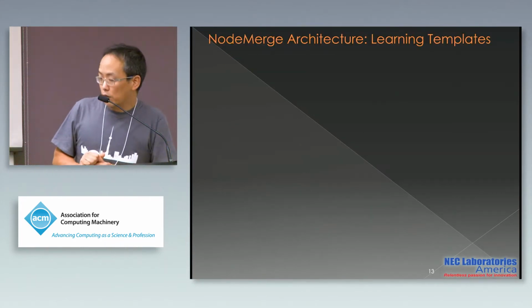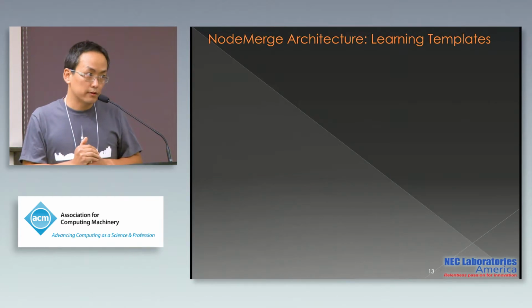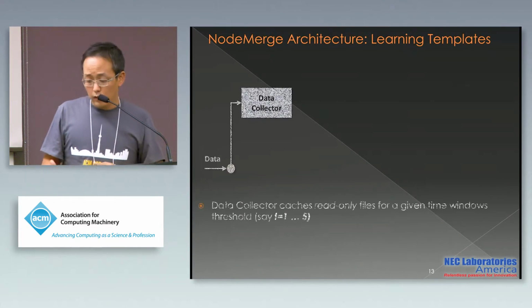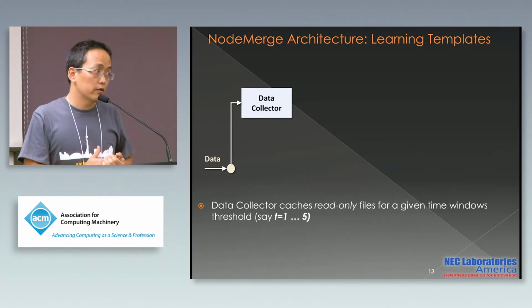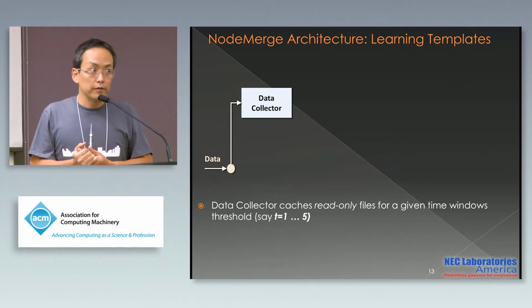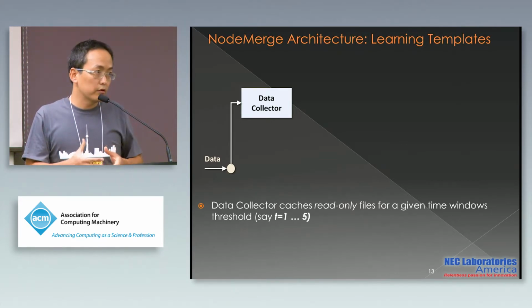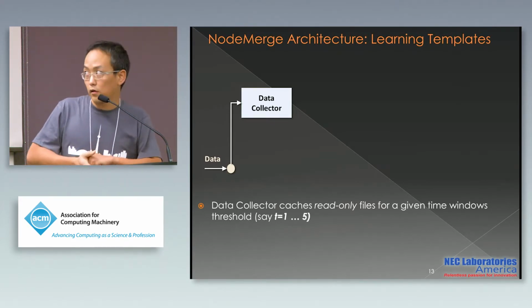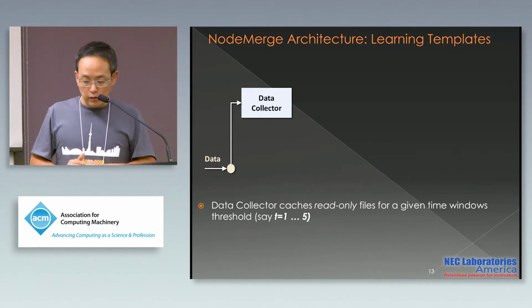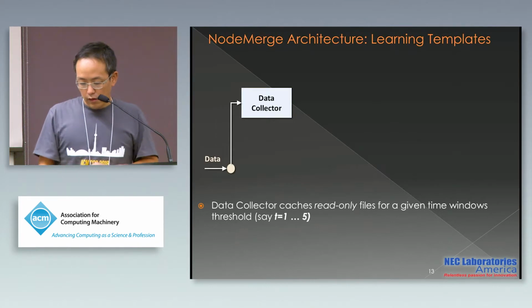Having that said, I want to introduce our system design and workflow, and how it works in action. First, we want to talk about how we generate the templates. It is really important to have a sound and efficient template to be applied to the real world. First of all, our data collector caches the read-only files for given time windows.